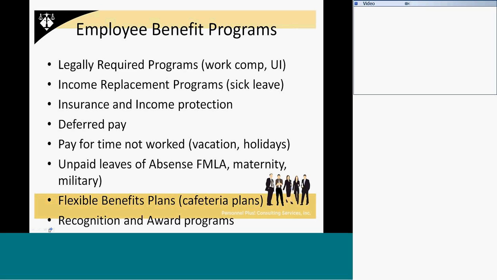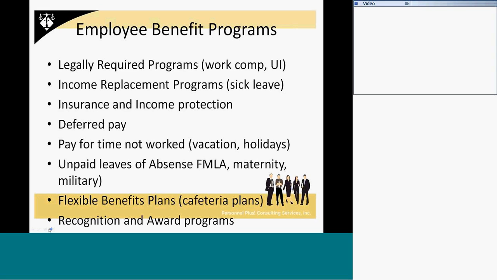Somebody that's an older worker may be able to have a plan where there's a higher out-of-pocket because their income is greater, but may prefer to have more in the way of a contribution to a retirement plan.